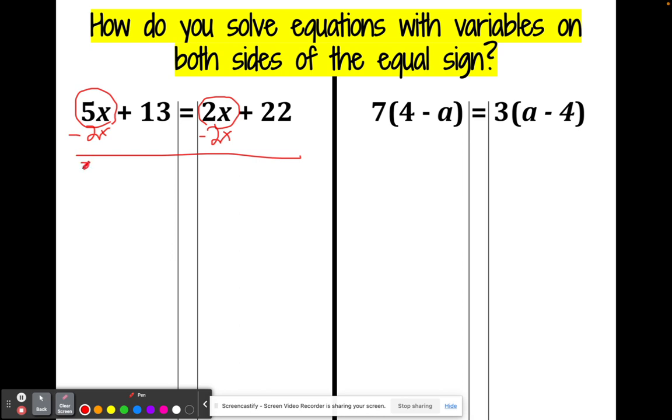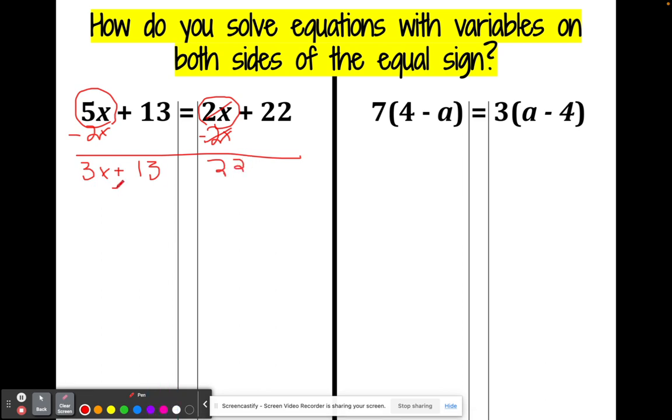I have 3x plus 13. This is canceled out, and I'm left with 22.